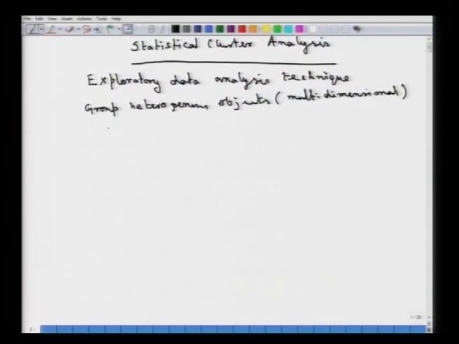These are multidimensional objects, into homogeneous groups. So, that is the basic objective of statistical cluster analysis.